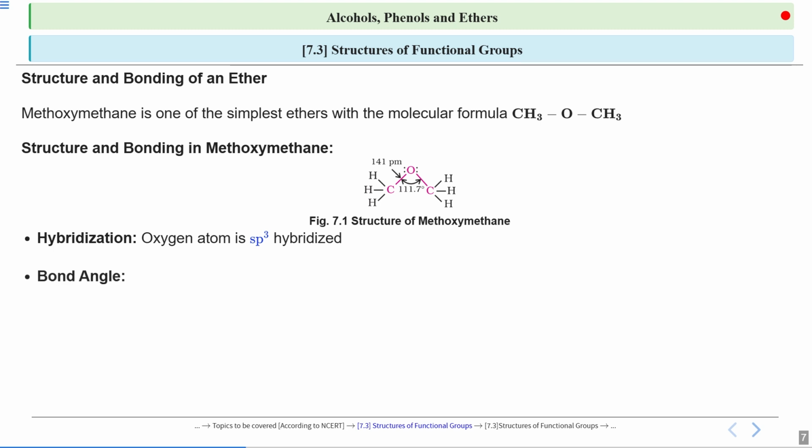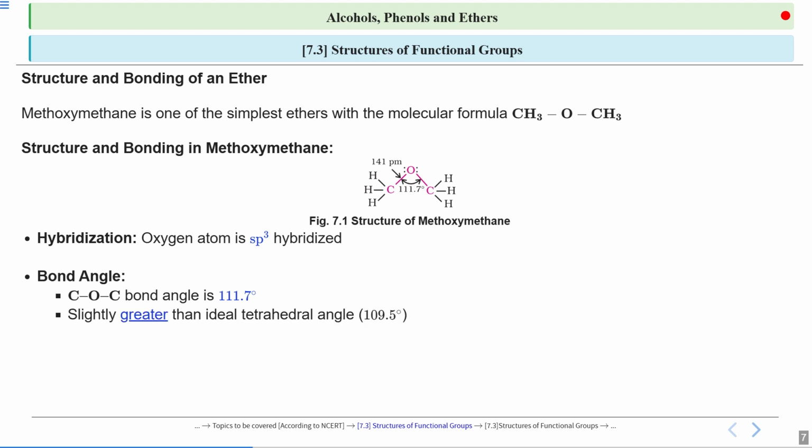Now, if we move to the bond angle, the COC bond angle is 111.7 degrees, right? If you observe this, it is a slightly greater bond angle than the ideal tetrahedral angle, which is 109.5 degrees.